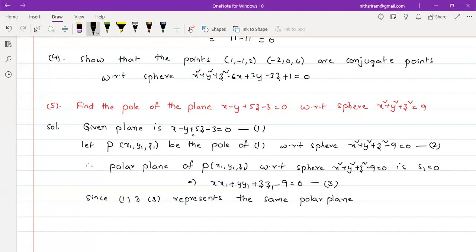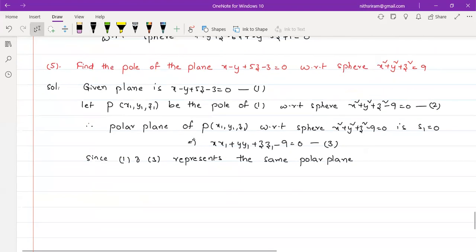Then I am equating the coefficients of 1 and 3. How can I equate this? From the third equation, the coefficient of x is x1, and from the first equation, the coefficient of x is 1. So we write x1 by 1 is equal to. Similarly, the coefficient of y in the third equation is y1, and the coefficient of y in the first equation is -1, so y1 by -1 is equal to.